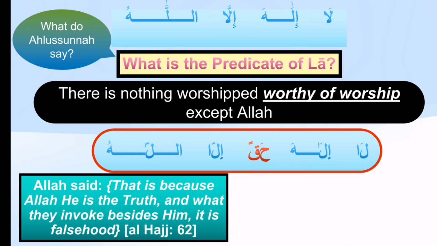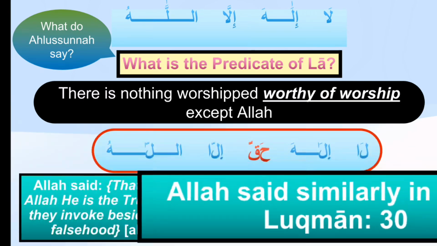So in Surah Al-Hajj, Allah says, "That is because Allah, He is the truth, and what they invoke besides Him is falsehood." Invoking is ibadah, so what they worship besides Him is falsehood. So Allah is the truth, Allah is the Haqq, the one who should be worshipped with haqq.